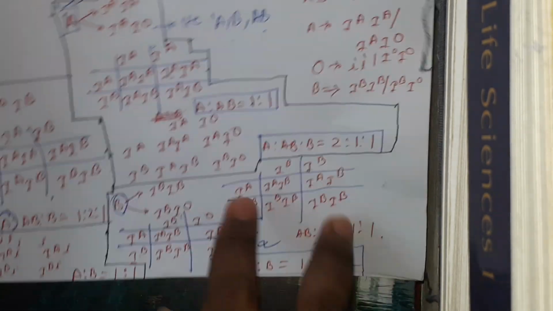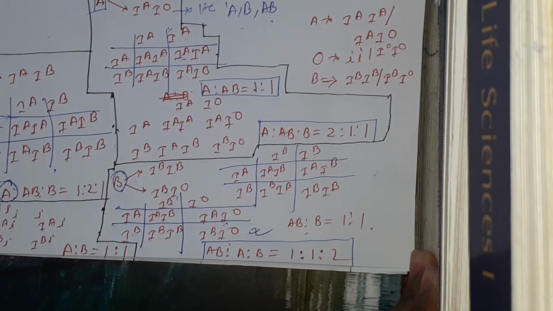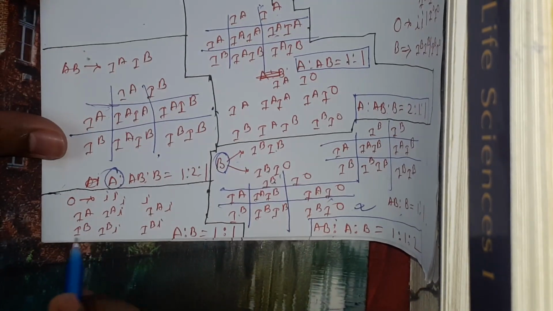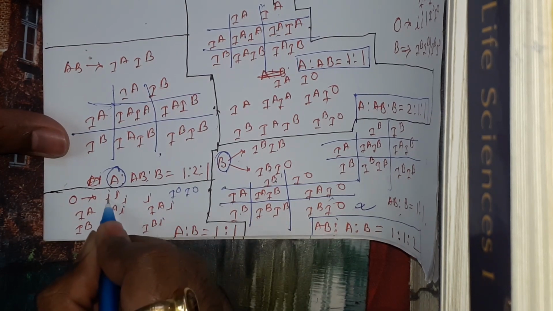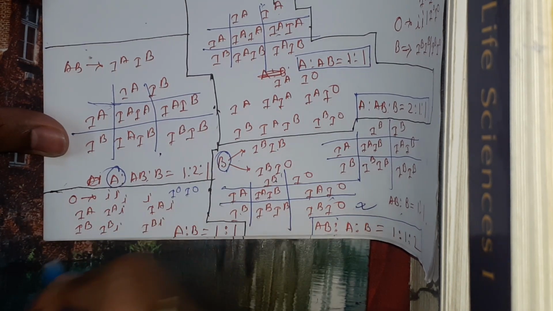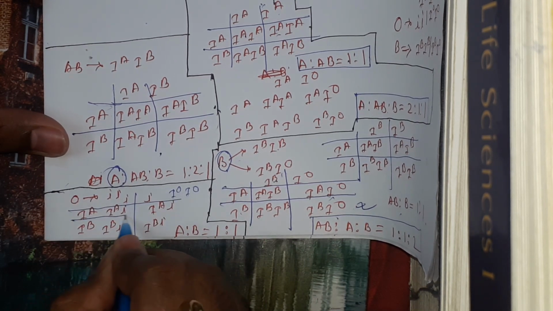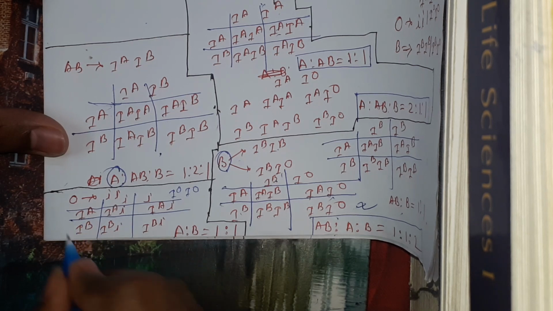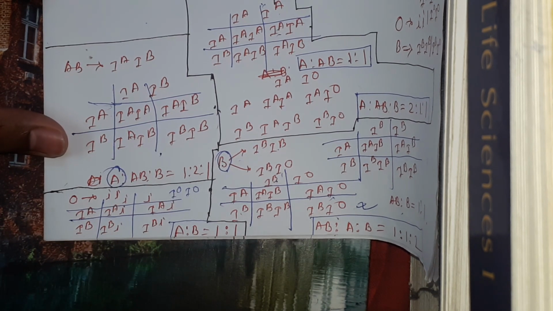Very simply, it is also possible. In case of O blood group, we have i i, or you can also write small i, which simply indicates the recessive type. After making the Punnett square, we have A or B progeny possible in a 1:1 ratio.